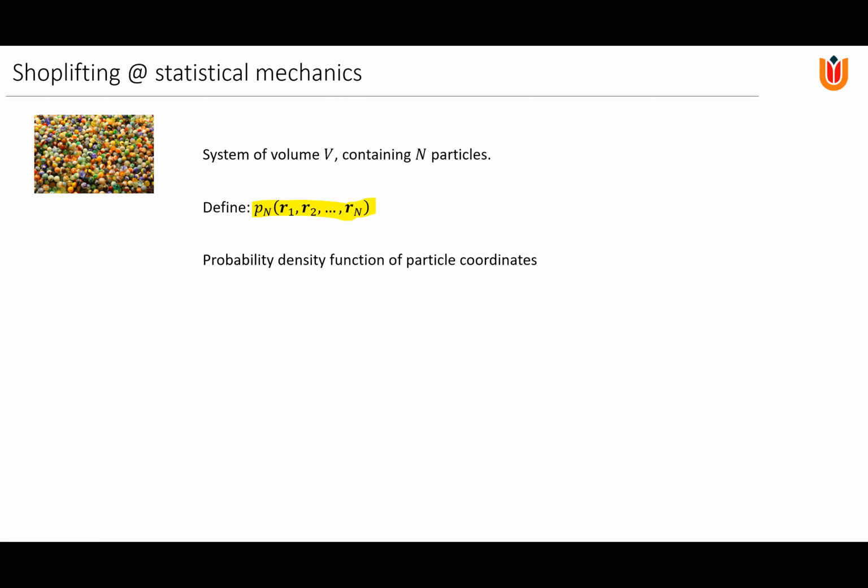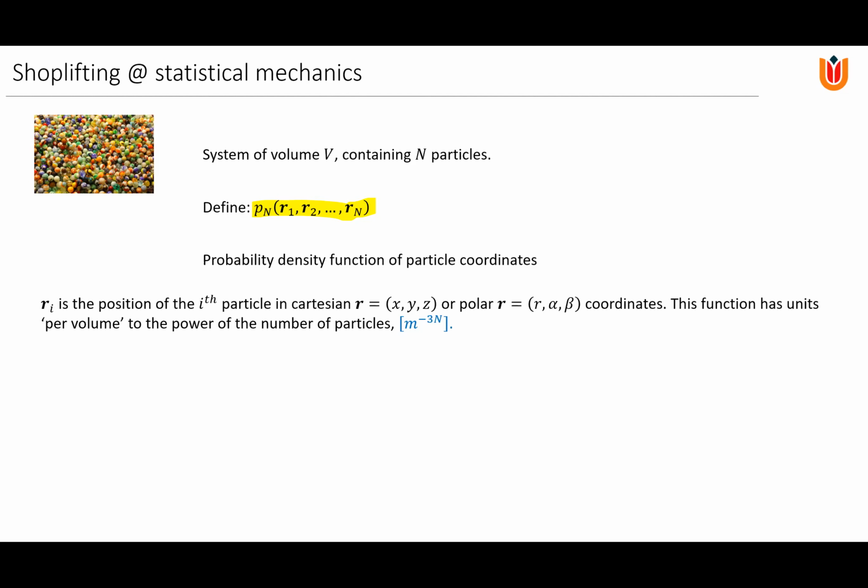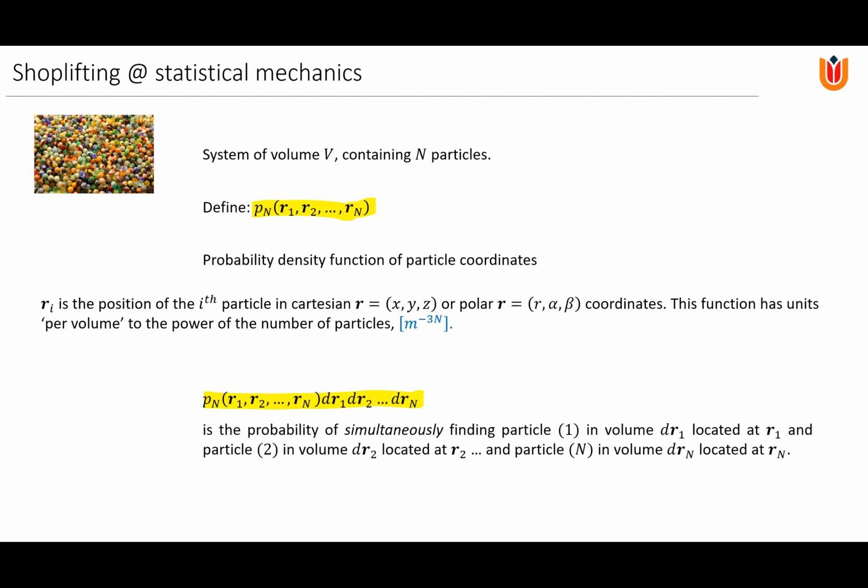In this notation, R is the position of the particle. If we have N particles, it will have units of probability per unit volume raised to the power N, because it's a joint probability.